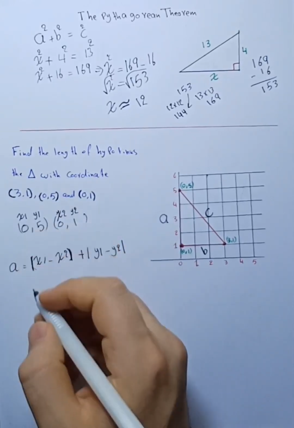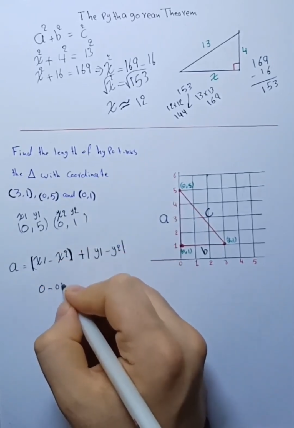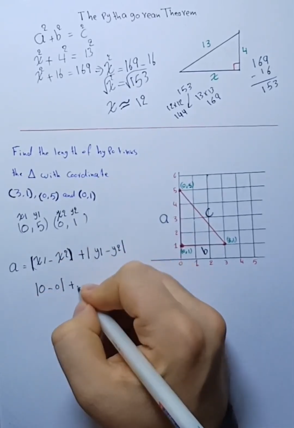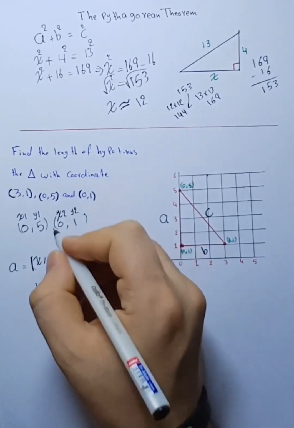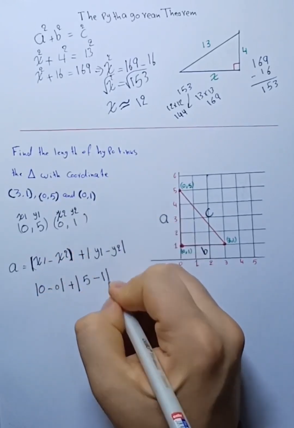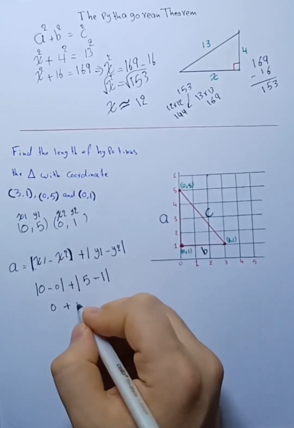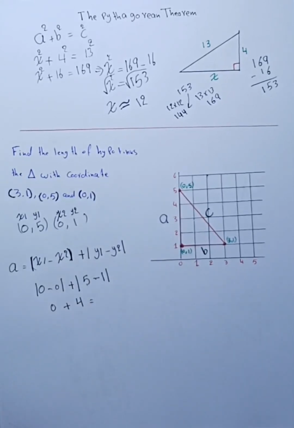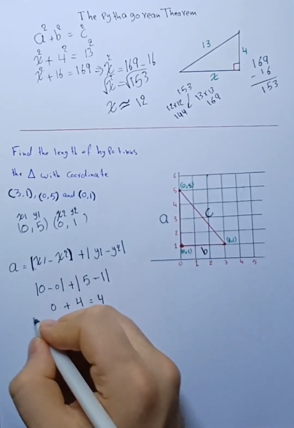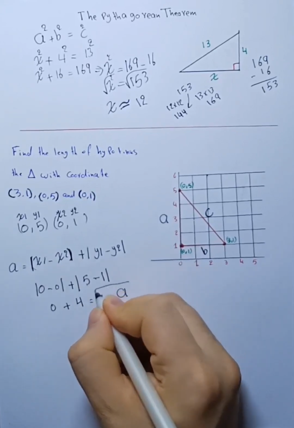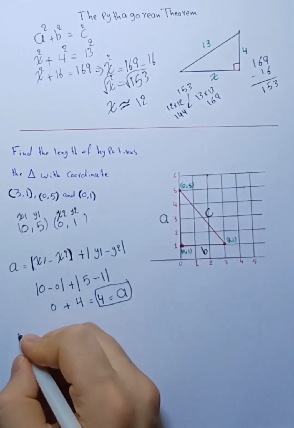So x1 is 0 minus x2 is 0, plus y1 is 5 minus y2 is 1. So 0 minus 0 equals 0, plus 5 minus 1 equals 4. So 0 plus 4 equals 4. So the value for A is 4.